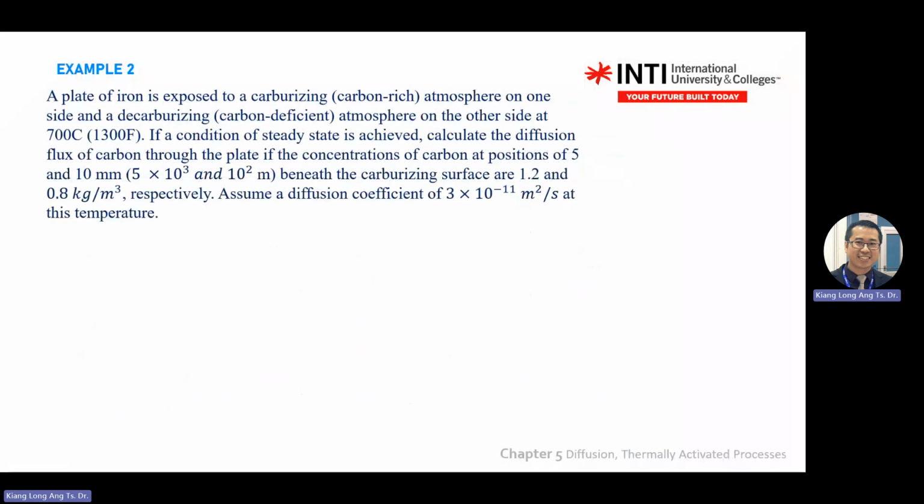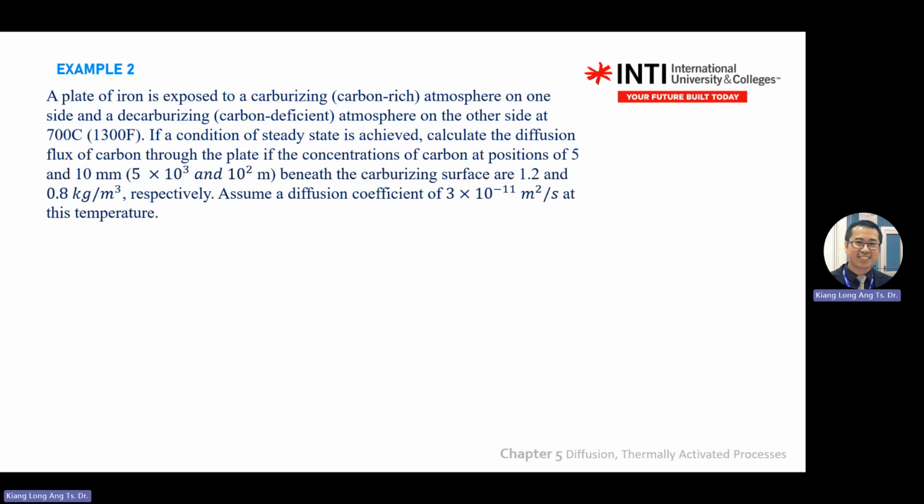Okay. If the condition is steady state, you see this steady state means it asks you the J equal to something already. J equal to minus D, then Y2 minus Y1 divided by X2 minus X1, means concentration difference divided by the location or distance traveled. Okay. Calculate the diffusion flux. Diffusion flux means the J equation.